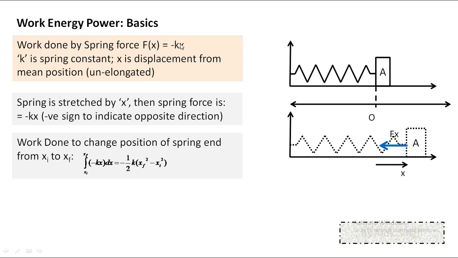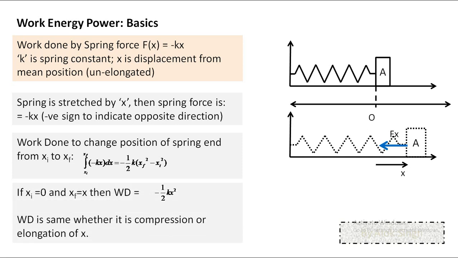Magnitude of force is kx, displacement is dx, and the angle between them is 180 degrees. They are in opposite directions, hence the minus 1. I need to integrate from initial position to final position. If I integrate, quite easily I find the work done to be equal to minus 1/2 k into xf square minus xi square.